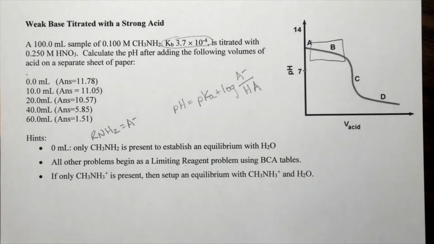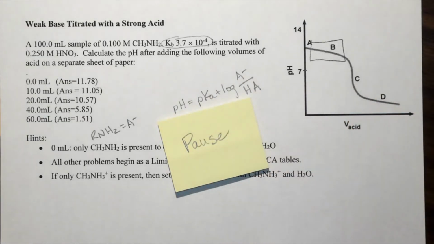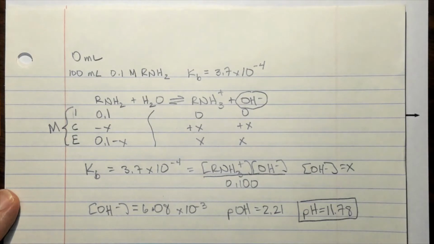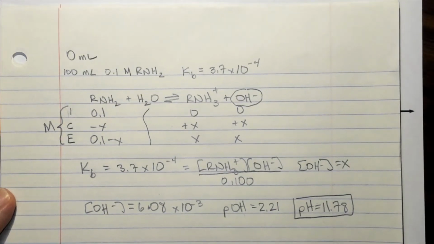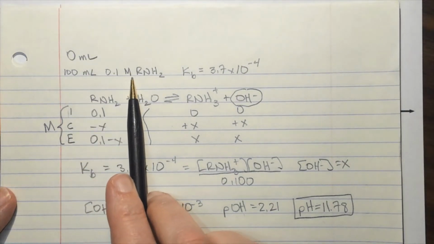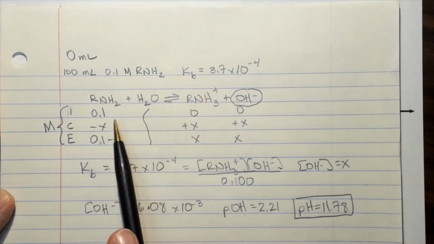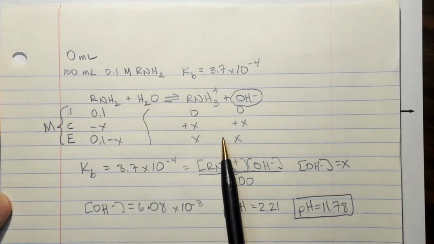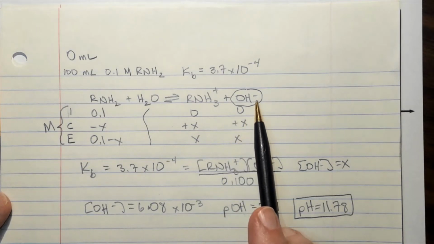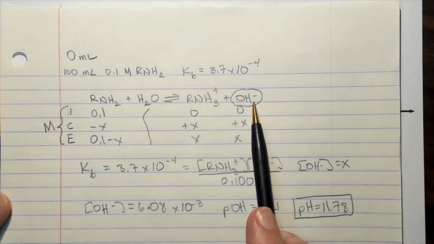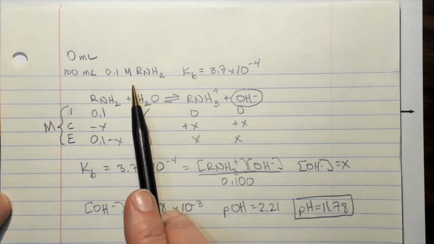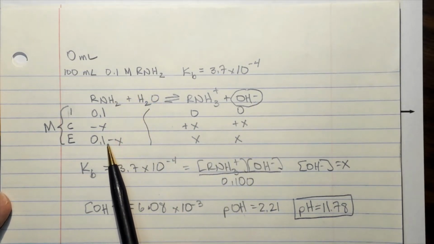Okay, I'm going to pause the video again because I'm going to start in on calculations. At 0 mLs, all we have present is the 0.1 molar of the amine with our Kb value. So I've set up an ice table, which should look very familiar to you. Notice that we are producing hydroxide ion in the equilibrium. I'm dropping trailing zeros here just to keep things simple.